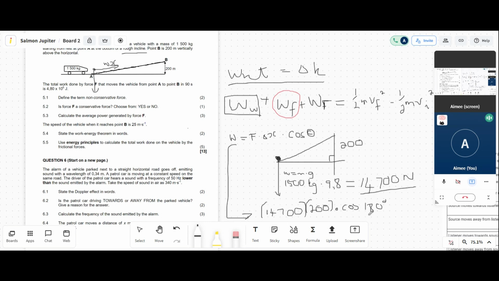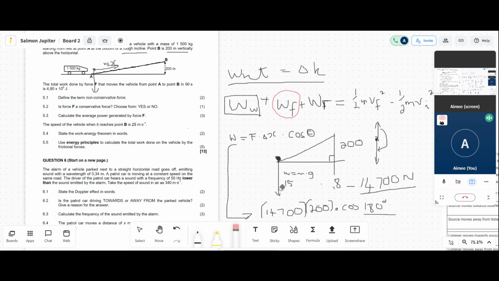The reason this is 180 degrees is because weight goes down, but the object itself is traveling up. It says that it's traveling a vertical distance of 200 meters. So they're going in opposite directions, which means the angle between them is 180 degrees.